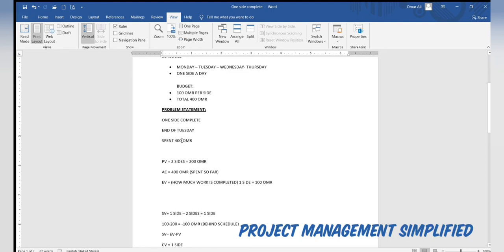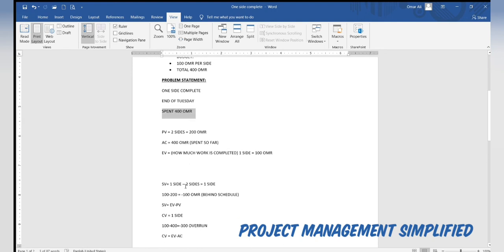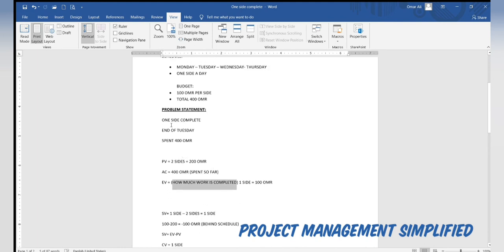The other thing, if we ask you about the earned value, which is the baseline cost of work performed: how much work is completed? It says one side completed. That means one side.